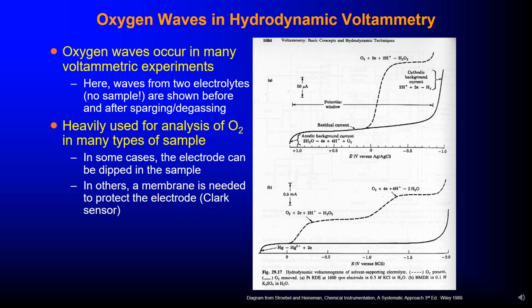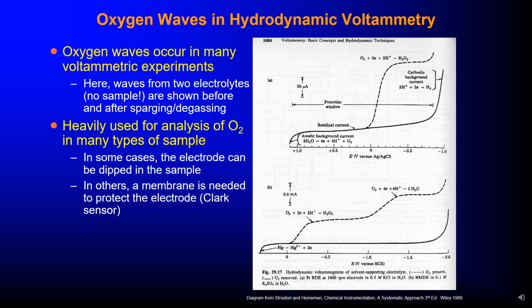Then we have oxygen waves in hydrodynamic voltammetry. Oxygen waves occur in many voltammetric experiments. Here waves from two electrolytes are shown before and after sparging, or what we call degassing. So you can see this first one and this other one.